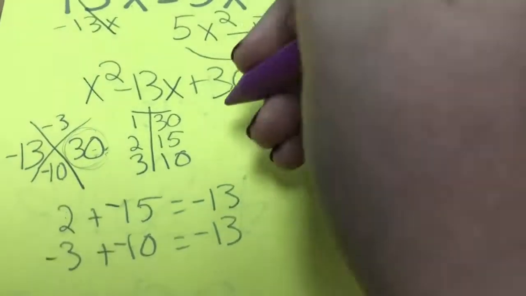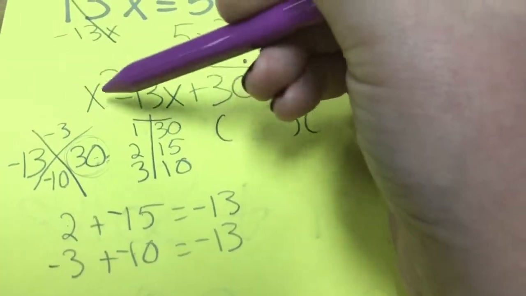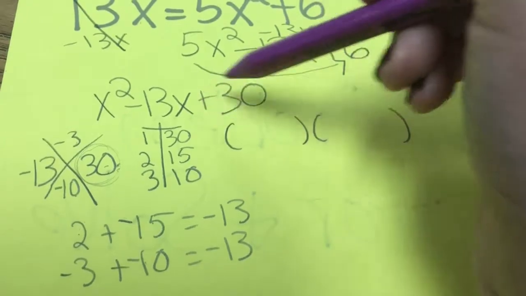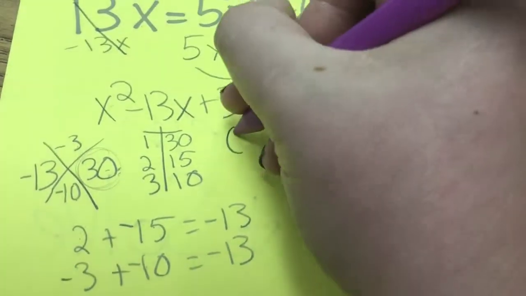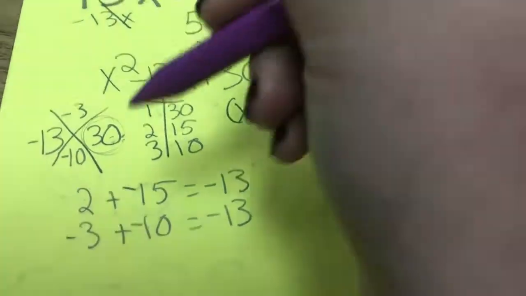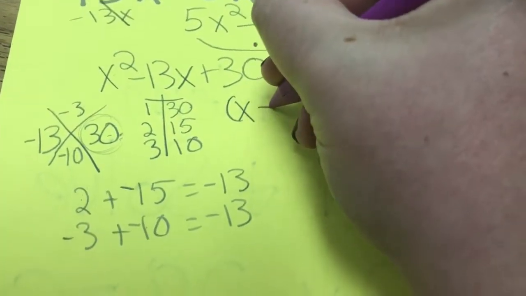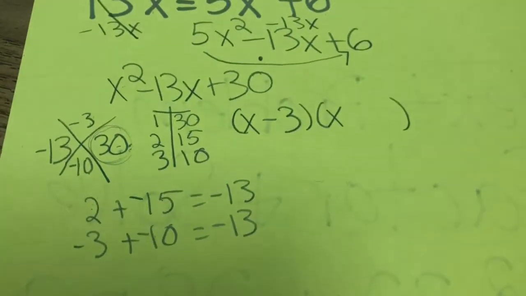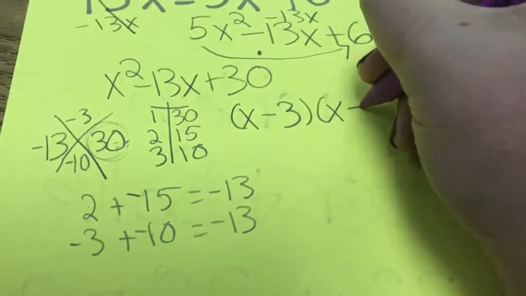So we put our magic numbers in our parentheses. So we were factoring at this step, this expression. And our variable that we're using is x, so x comes first in both parentheses. We have negative 3 as one of our special numbers, or magic numbers, so we have subtract 3. The other special number was negative 10, so we have subtract 10.